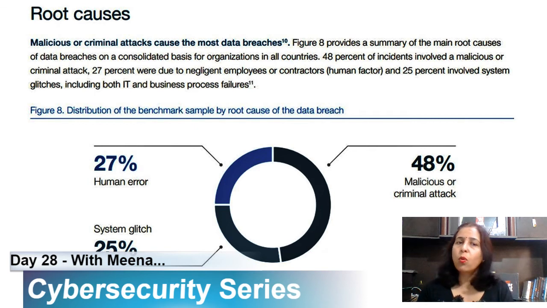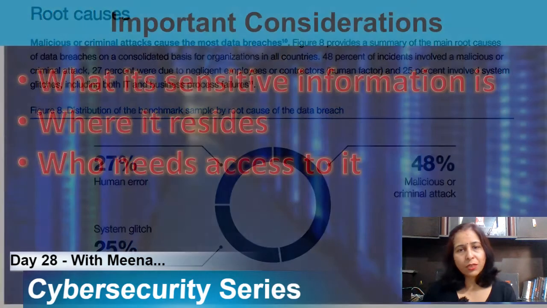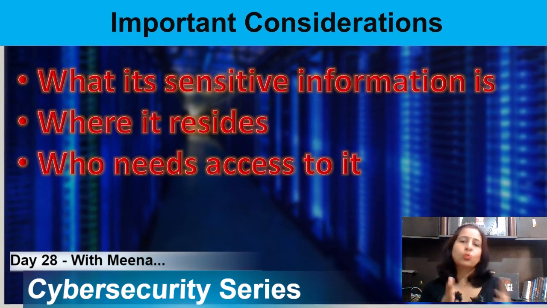So guys, I have discussed where we are storing our data, how many data breaches are happening, and how much cost they are putting on countries, companies, and individual records as well. So what important things can we do to avoid data breaches?